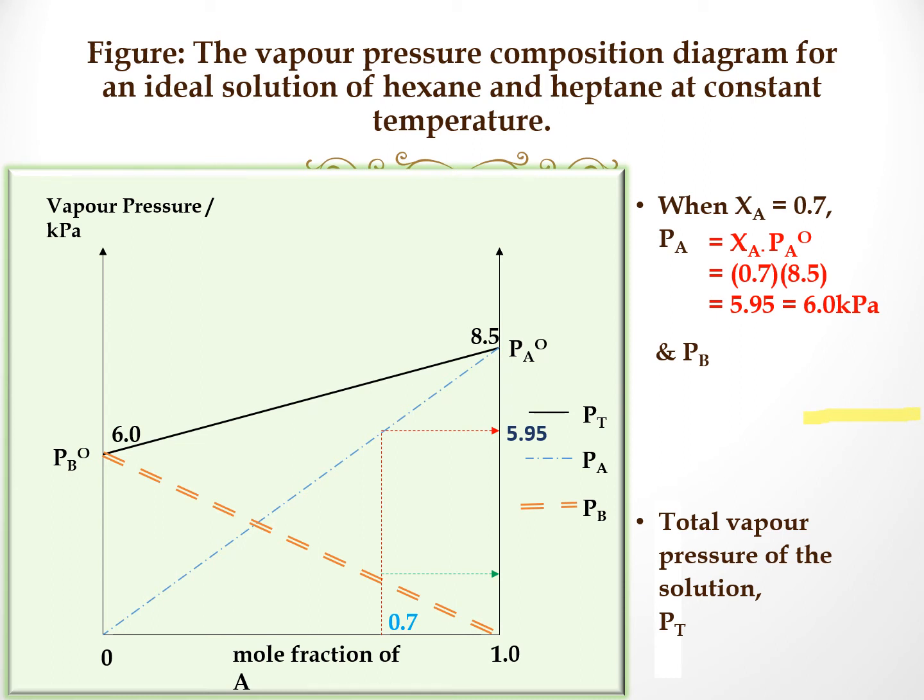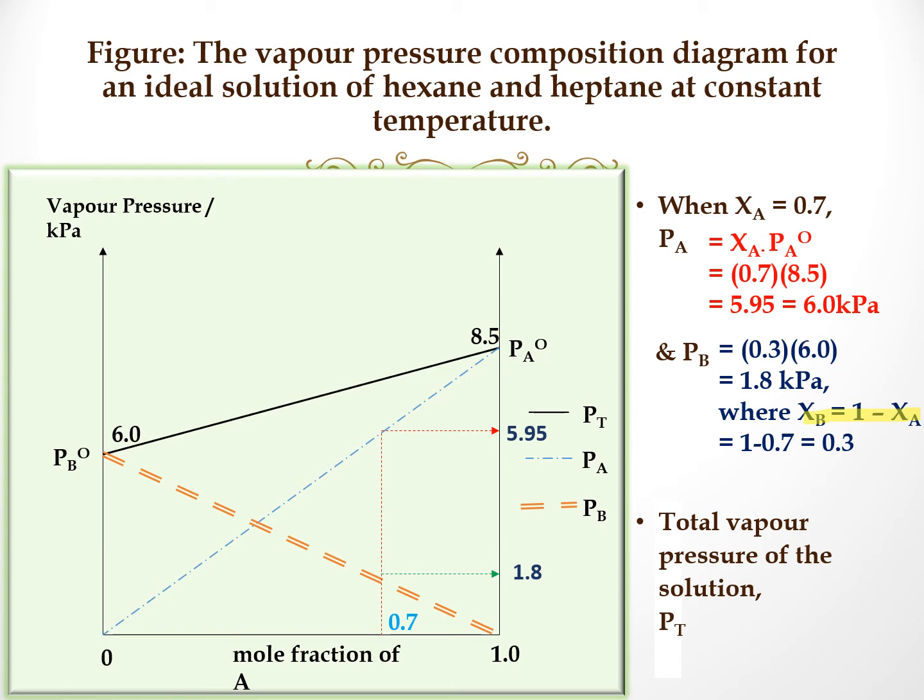So you get 0.3, multiplied by the vapor pressure of pure B, so you get 1.8 kPa. Finally, the total vapor pressure of the solution, PT, equals PA plus PB, so 7.8 kPa.